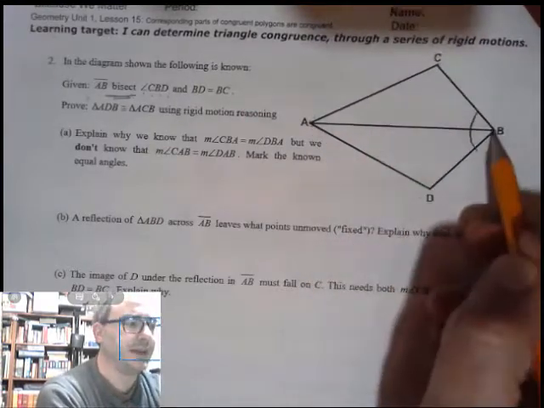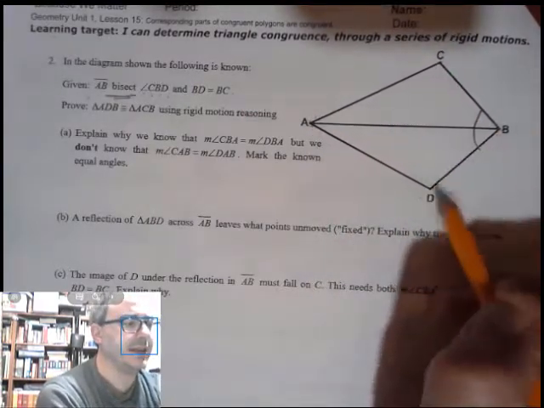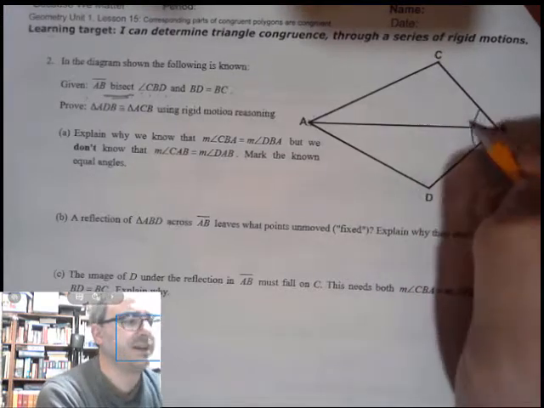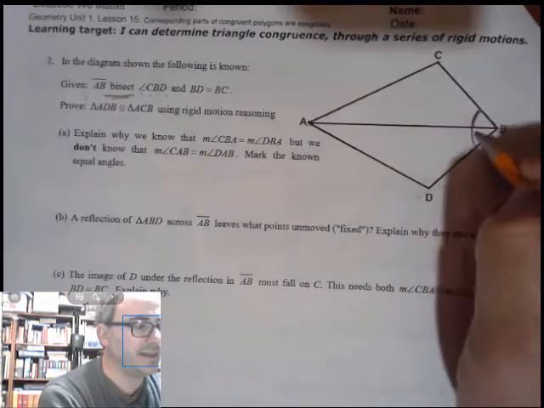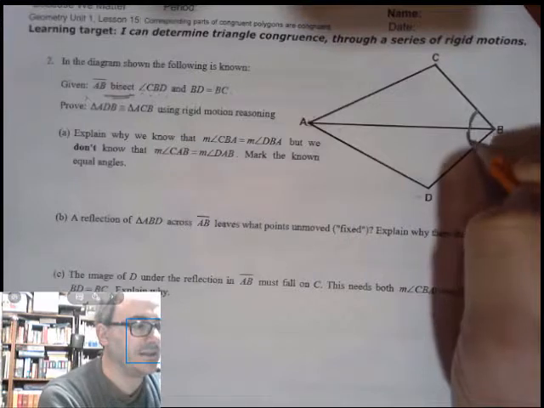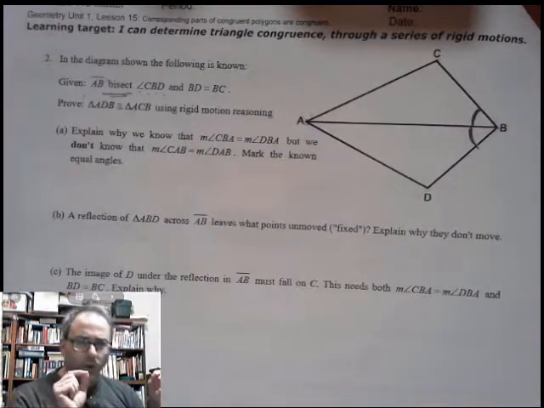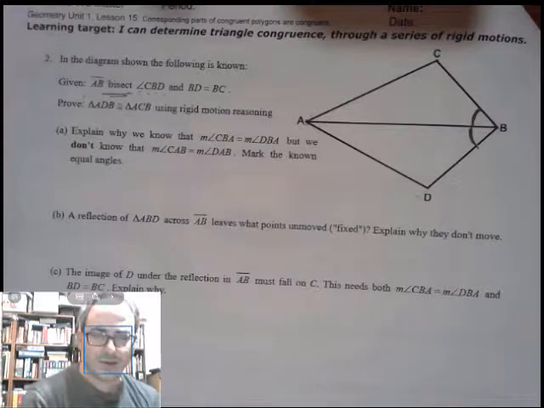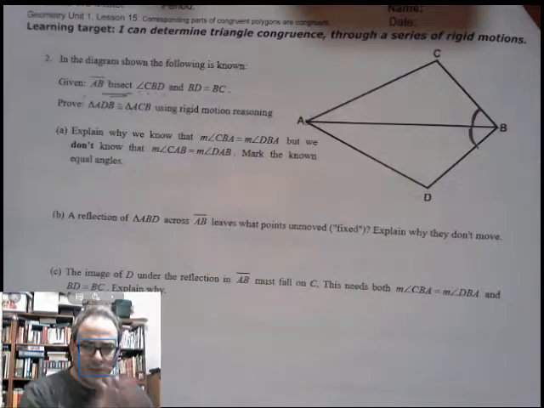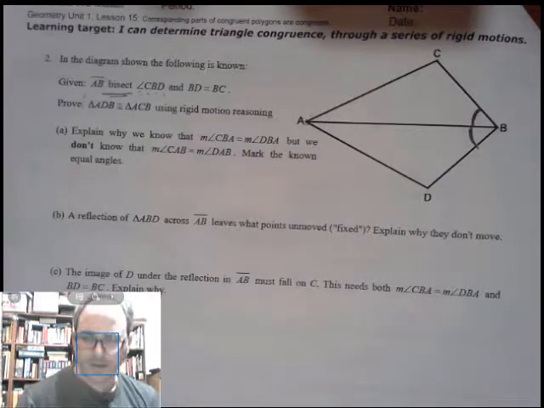So AB bisects this angle here, which means this is going to end up being the same as this right here. These two things are going to be congruent because AB cuts the whole angle in half, right? And when you cut something in half, you get two equal halves. All right?